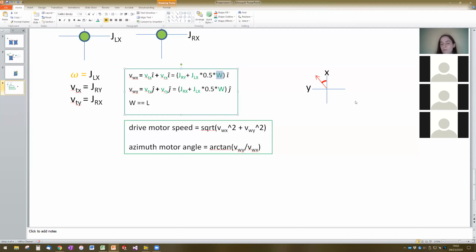That wasn't supposed to be a trick question. Inches, okay, Lindsay says inches. So W is in inches. What are the units of the joystick values? They could be in degrees.